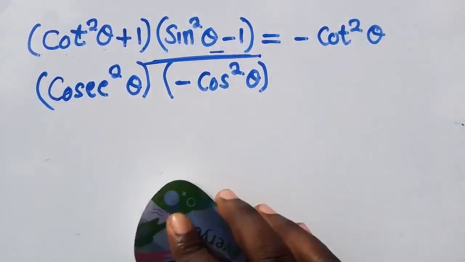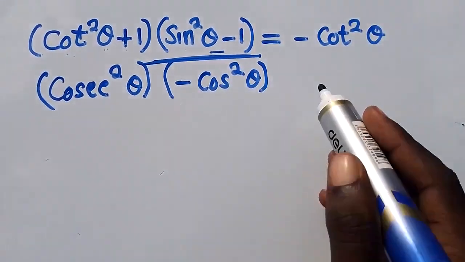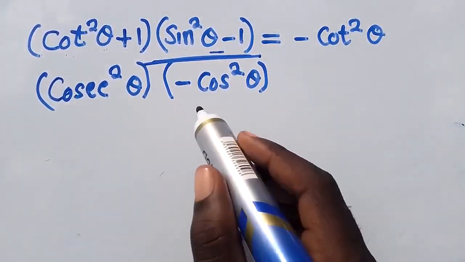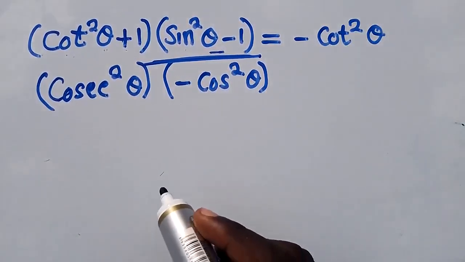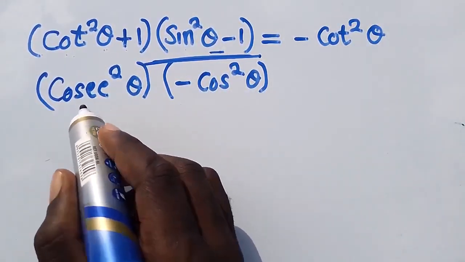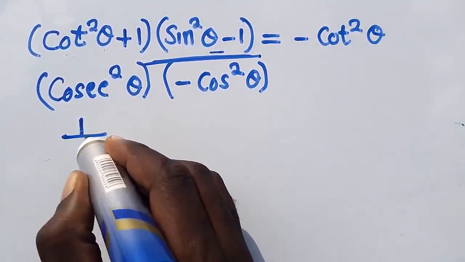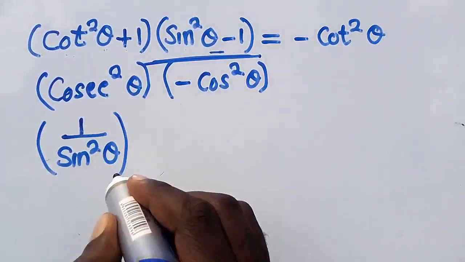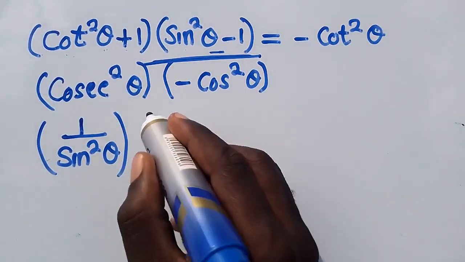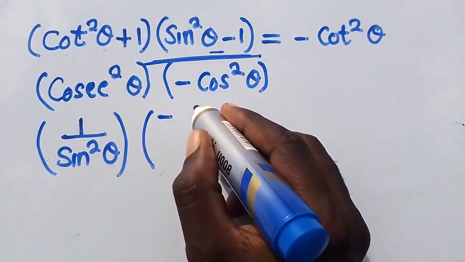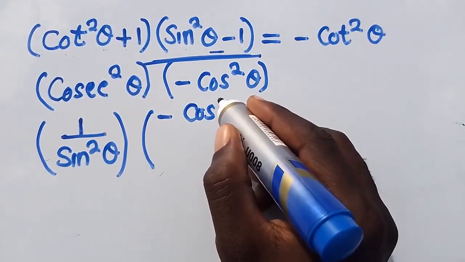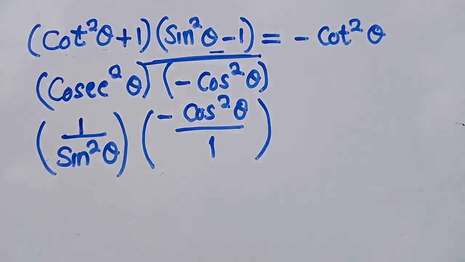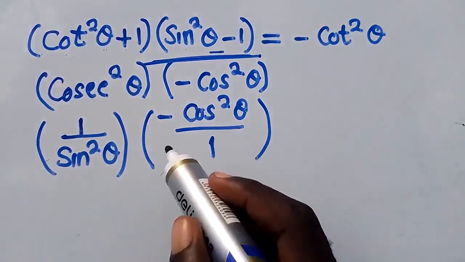Now, after reaching this stage, we want to prove that this is equal to that. You know that this one is 1 over sine squared theta. Then we've got this other one, negative cos squared theta over 1, so that we have two fractions.